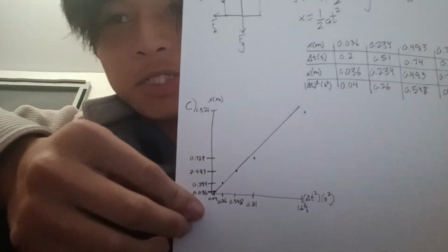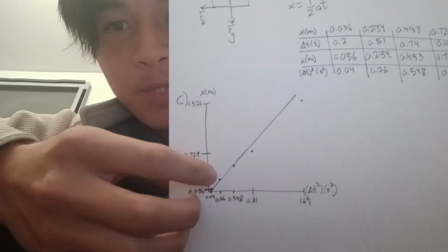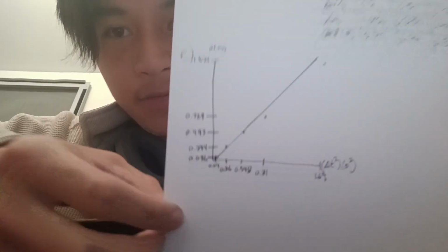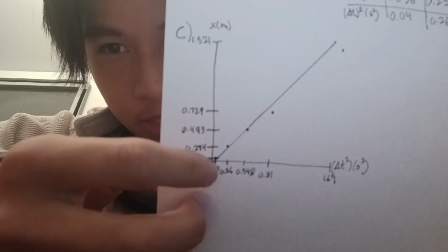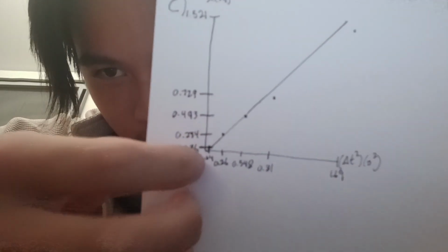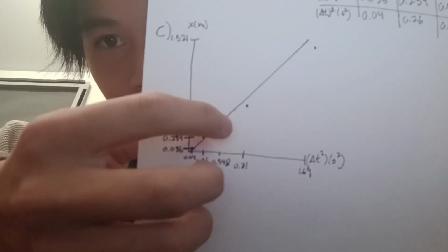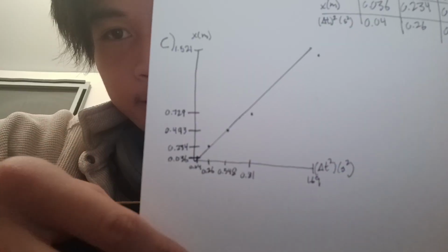My best fit lines kind of suck, so I hope that's at least a little close to satisfactory. That's the first point right there, by the way. It's very, very small. Second point, third point, fourth point, fifth point. Okay, moving on.